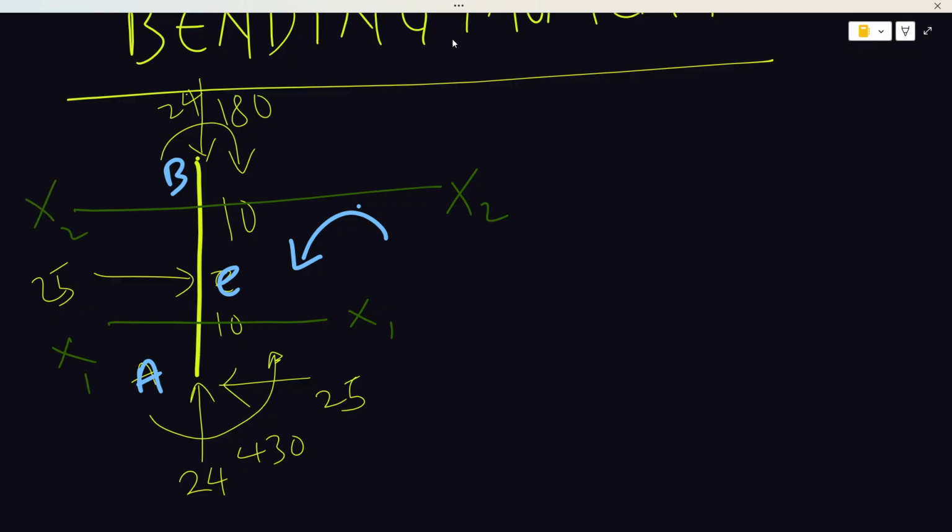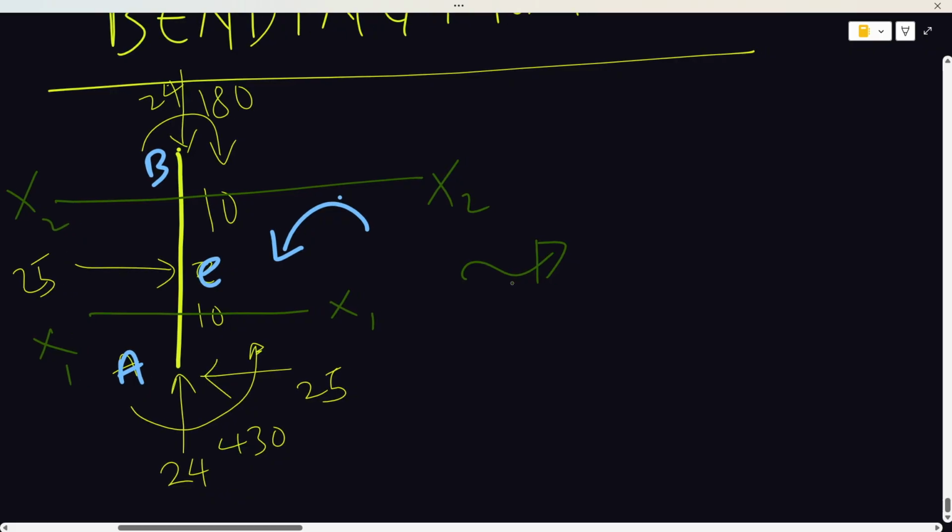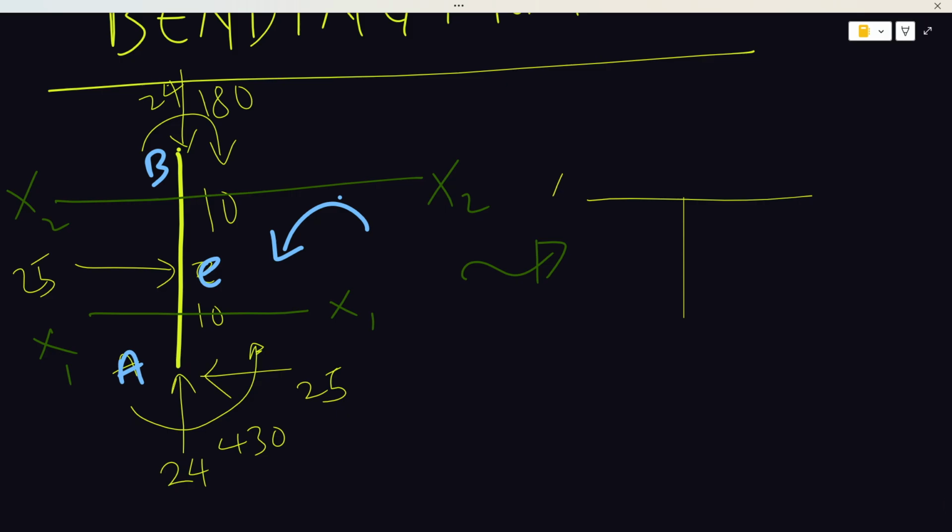I'll be sectioning it at 2 points. So moving to this space, x1 sectioned already. So the moment comes like this.